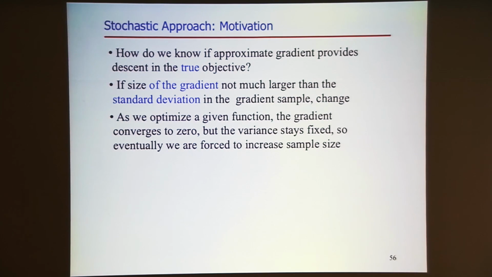As I minimize it, the gradient of that function goes to 0. But the variance of the elements forming it does not. So at some point, I'm going to cross the two conditions. The variance is going to be higher than the gradient, and then it's going to tell me to increase the sample size. I start minimizing some other function, and I keep going that way. That's going to be the idea on which I will build things.